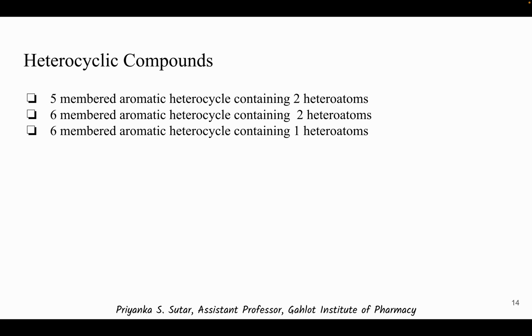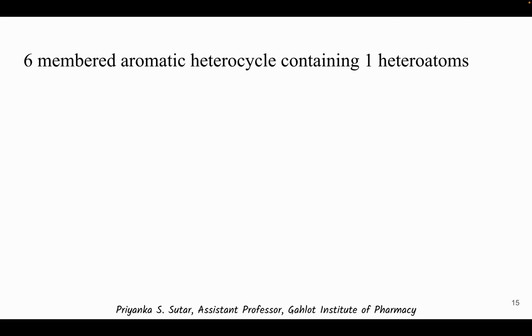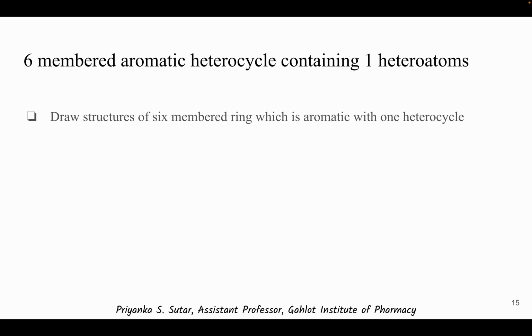moving on to the next category, which again is a 6-membered aromatic heterocycle containing 1 heteroatom. So again, draw a 6-membered ring which is aromatic with 1 heteroatom. You can pause the video and write the structure.